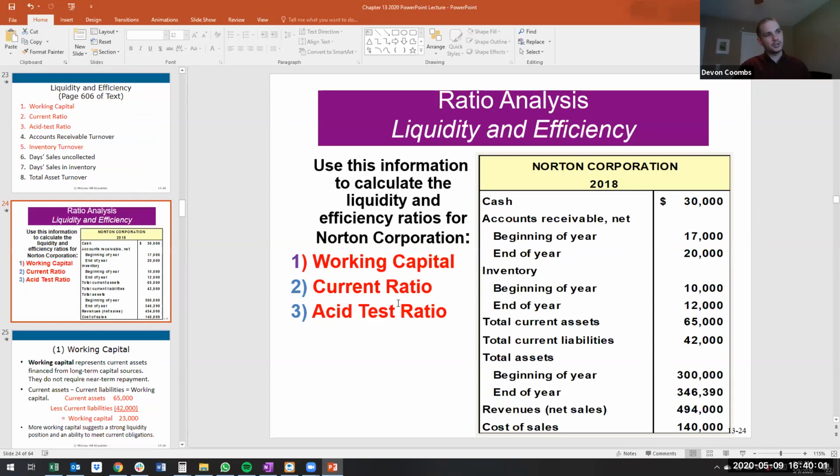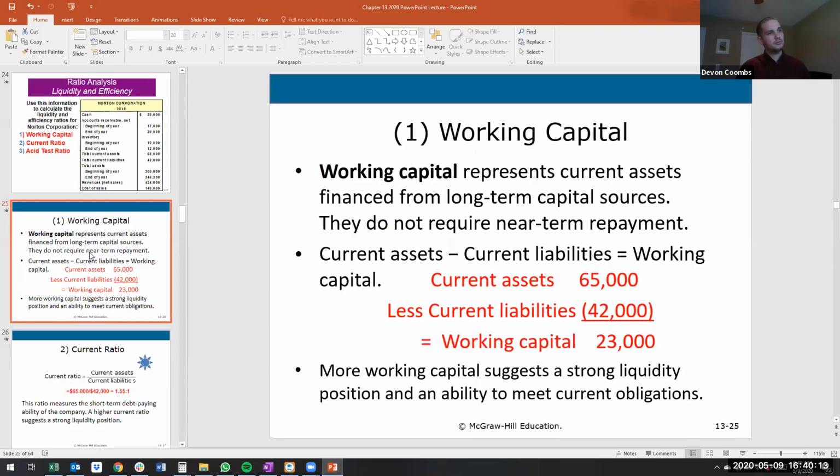So liquidity ratios, we want to know about working capital, current ratio, and the acid test ratio. These are some of the most important to know about businesses. So working capital represents current assets financed from long-term capital sources. What we're looking for is how much money do we have today to play with?